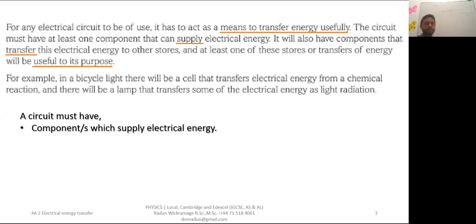You can copy down this. I have given you some examples: a cell, battery, dynamo, generator, solar panel. These can supply electrical energy.